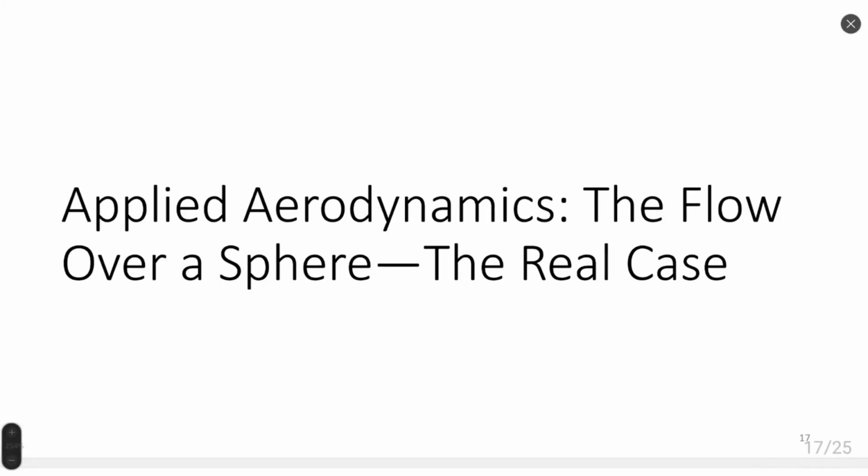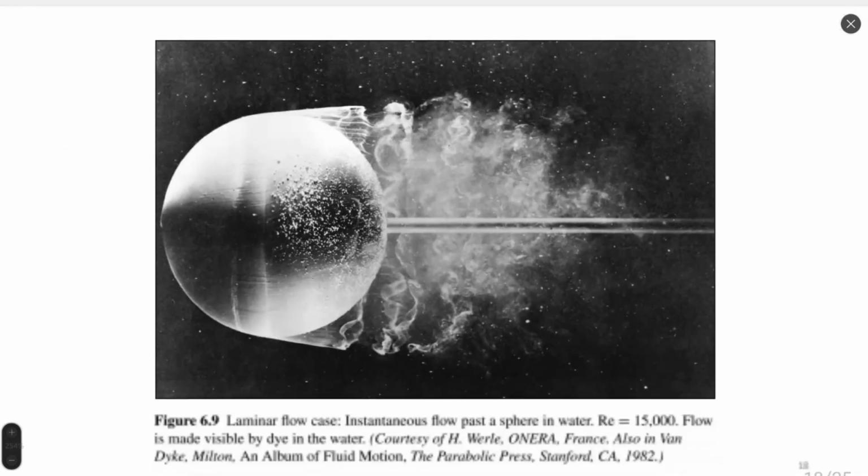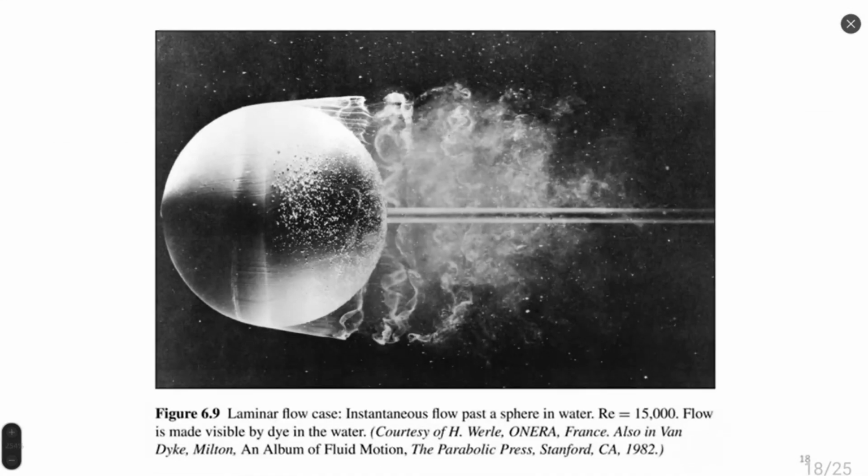Flow over a sphere, real case. Once we saw a case of calculation by potential equation, here we can see flow over a real sphere. This is also a picture from the Album of Fluid Motion of Milton Van Dyke, one of the best albums.